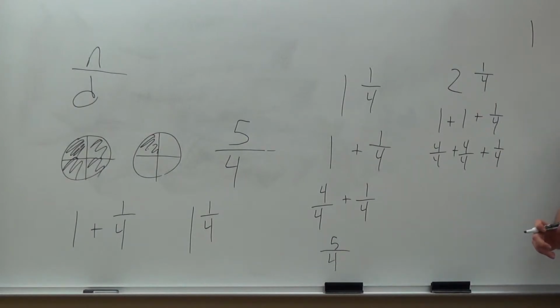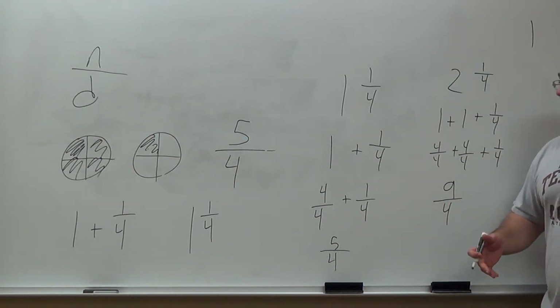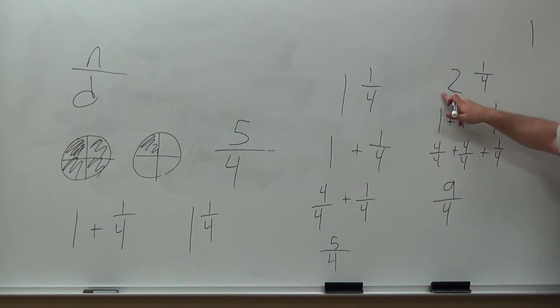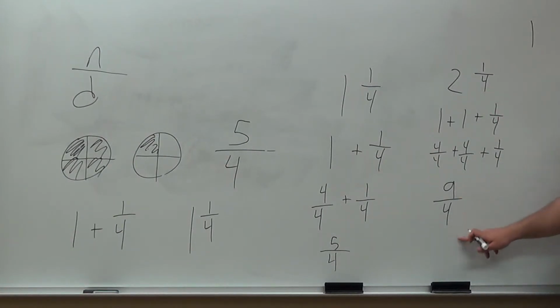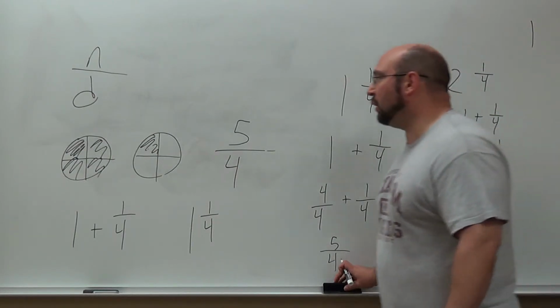Is everybody with me? 4, 4, 1, 9 over 4. If I go the quick route, I know that 4 times 2 is 8, plus my 1 is 9. 9/4. That's the way this works. Everybody with me?